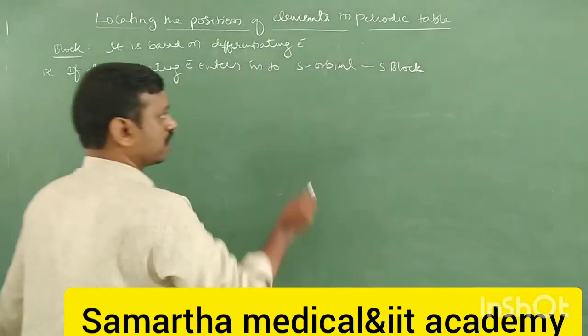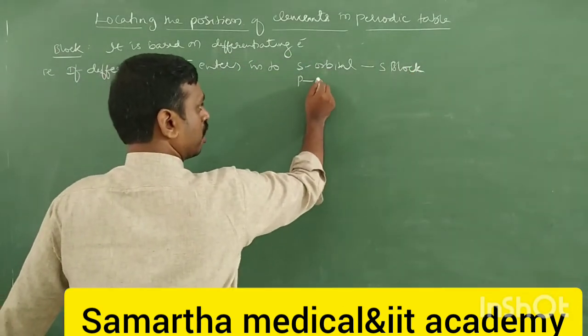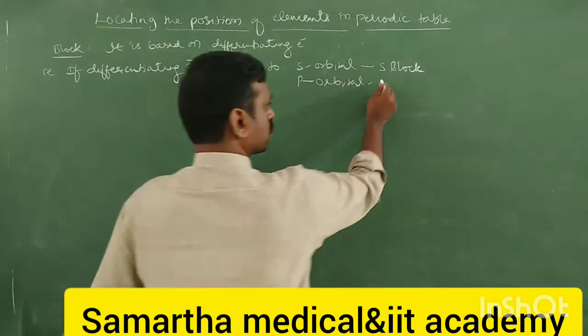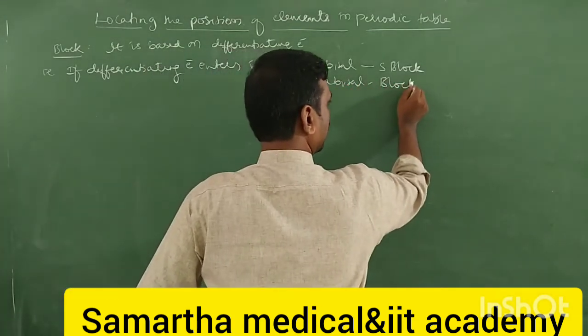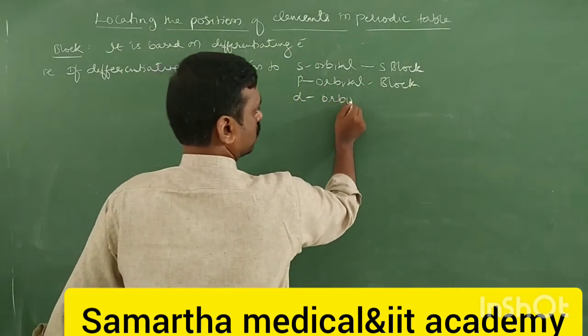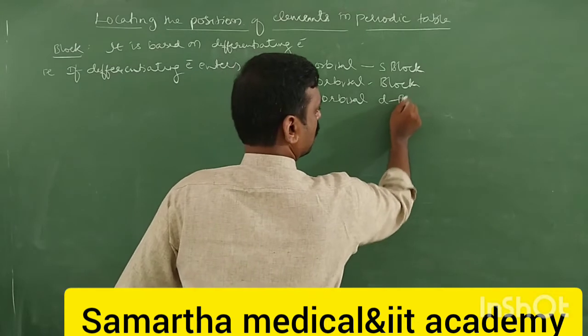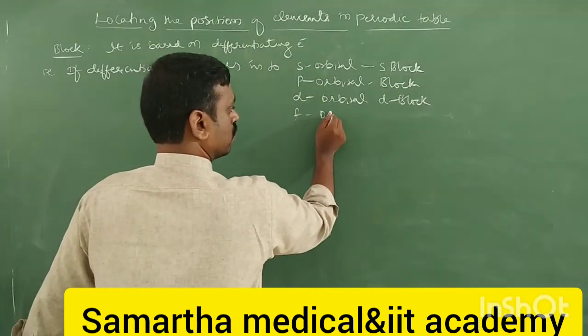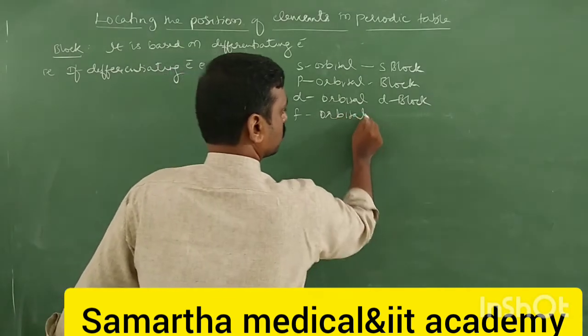If the differentiating electron enters into the p orbital, that is p block. If the differentiating electron enters into the d orbital, d block, and the f orbital is f block. Okay.